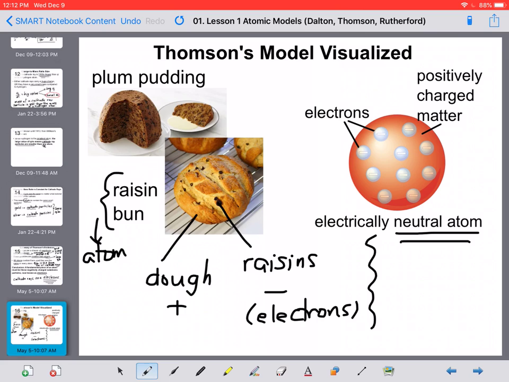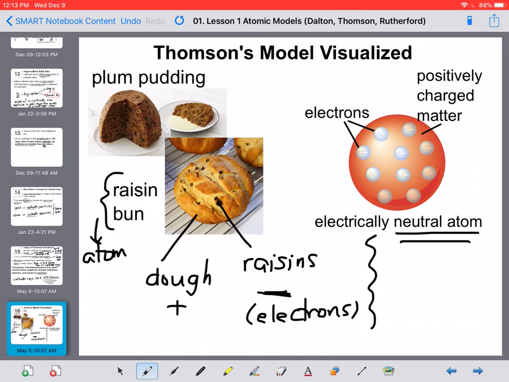So most objects are neutral, and that must mean the atoms that make them up are also neutral. So Thomson was like, okay, well, I've discovered these negative electrons. If atoms contain negative electrons, then they must also contain positive stuff in order to cancel out the negatives, because overall we know that the atom has to be neutral. So that's how he pictured it.